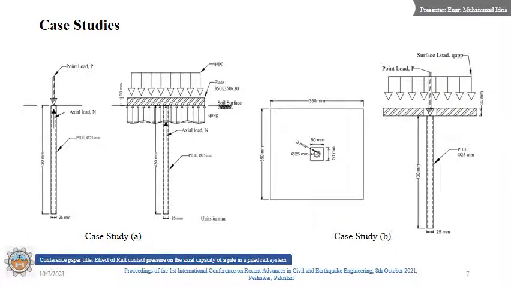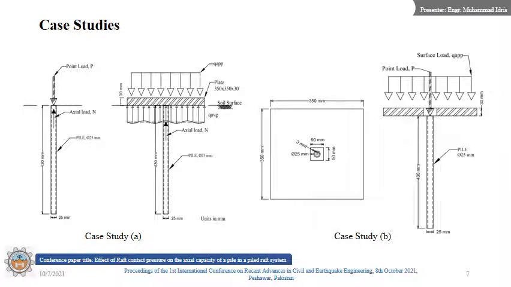Case studies. Two case studies were selected for the research work. In the first case study, the pile was in contact with the plate. However, in the second case study, the pile was not in contact with the plate.